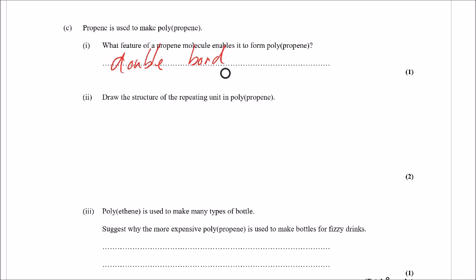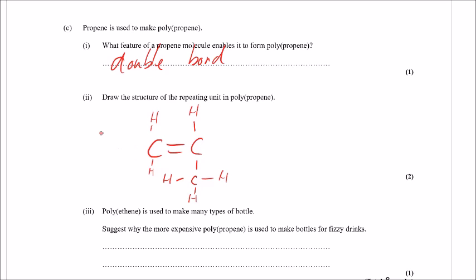Draw the structure of the repeating unit of polypropene. This often confuses students, and what I would suggest is you imagine that you've drawn the molecule with a double bond in the middle, and then let's draw our carbon going down. Okay, and you've added all the hydrogens on.